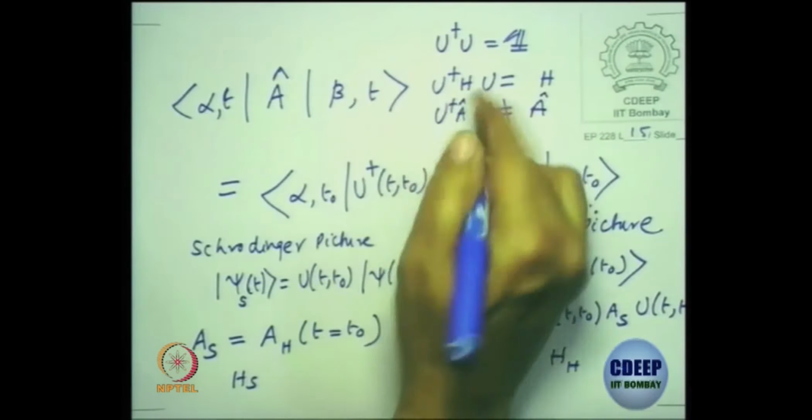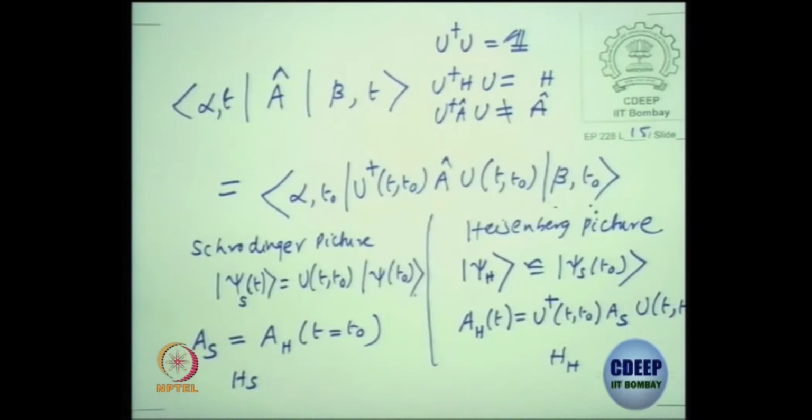So, because of this property, you can show that U dagger H U equals H. The Hamiltonian is the same in both pictures, but other operators in the Schrodinger picture don't evolve in time, whereas in the Heisenberg picture they evolve in time dictated by the time evolution operator.